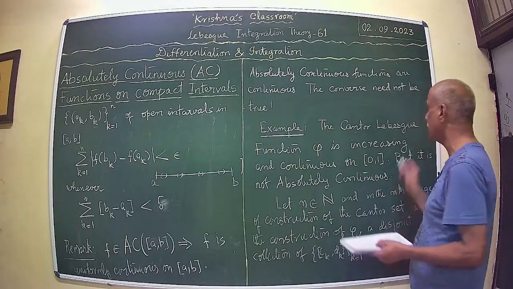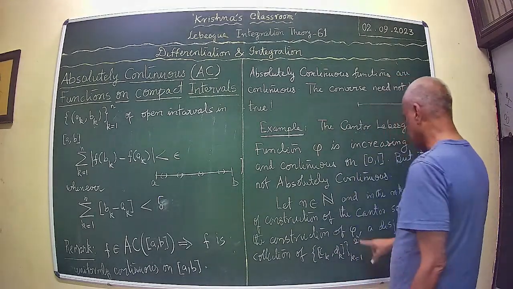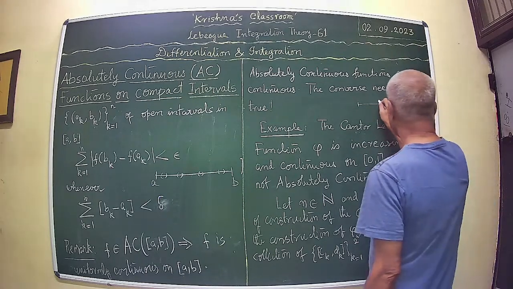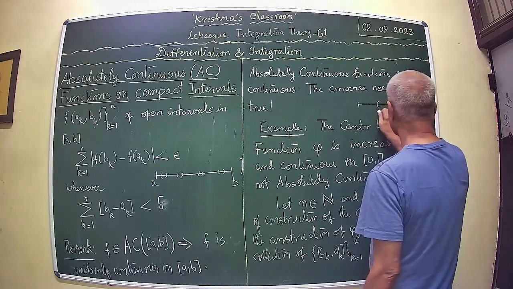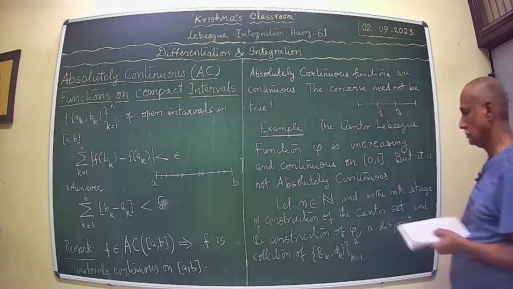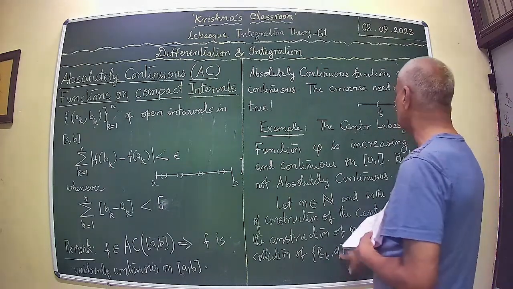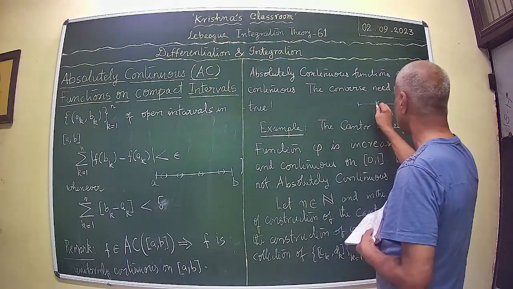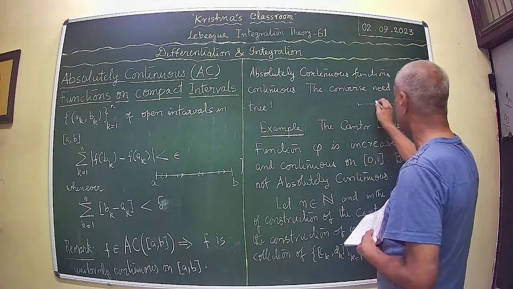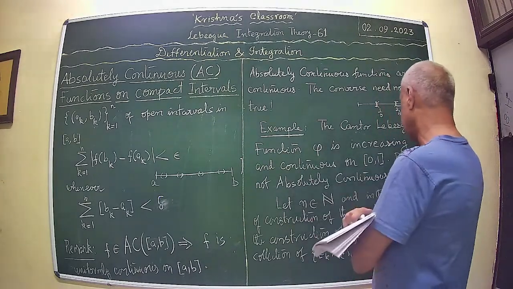As we have seen in our process, at the first stage, when n equal to 1, you are leaving out 1/3, 2/3, so you are left with two such sets.